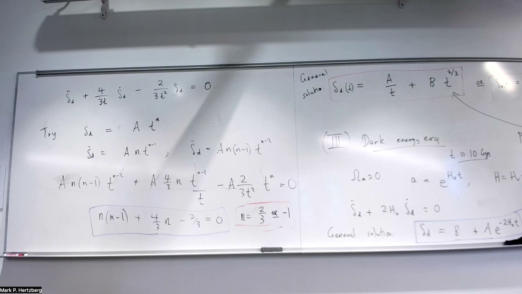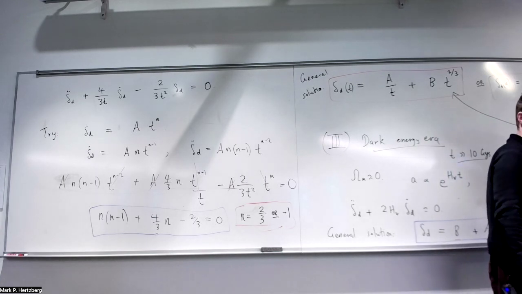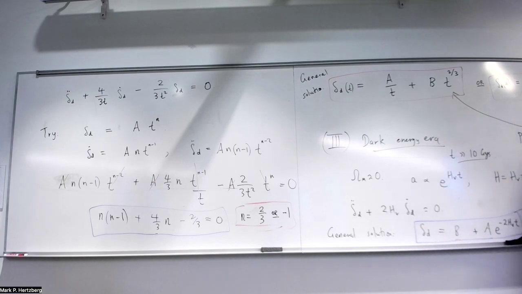So D plus is log t, proportional to t to the 2/3 in matter, and a constant in the dark energy era. But first of all, is this okay? So the time dependence completely factorizes: here's the spatial structure and here's the temporal structure.